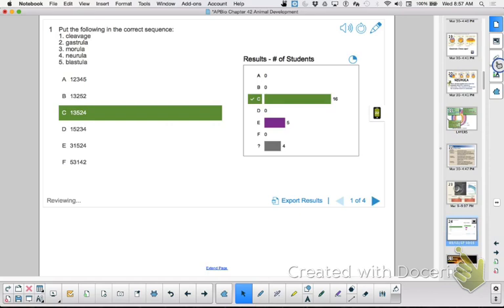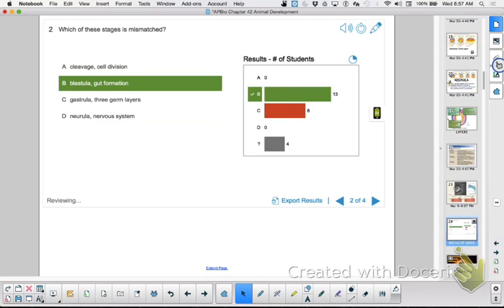All right. Next question says, which of these stages is mismatched? Only 13 of you got that. The blastula is not the beginning of the gut formation, because the blastula is just a what? Hollow ball of cells. You don't get the gut formation until you're at what stage? Gastrula. Gastrula is when you form the gut. 8 of you said that C was wrong.